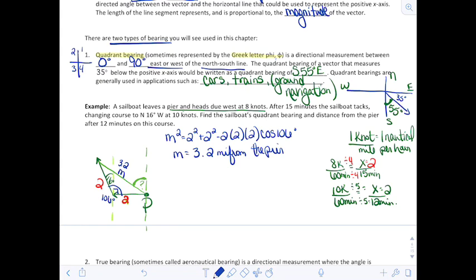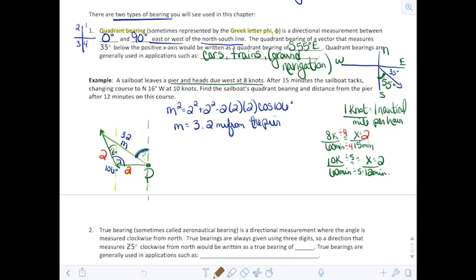Okay, so now I want to know the angle measure here. Well, if I stay working inside the triangle, I can use the law of sines. So as I look at this angle, I want to find this angle in here. I can say that the sine of angle P over 2 is equal to the sine of 106 over 3.2.